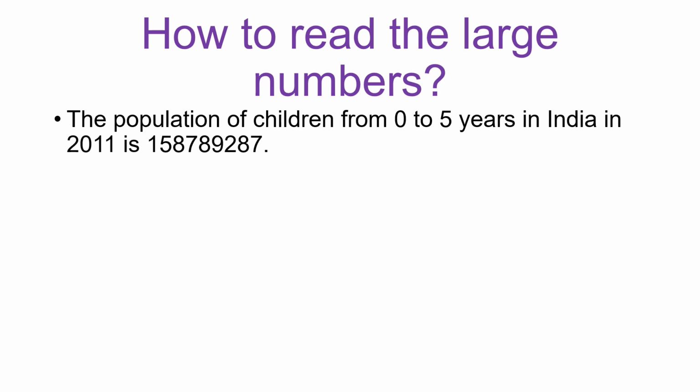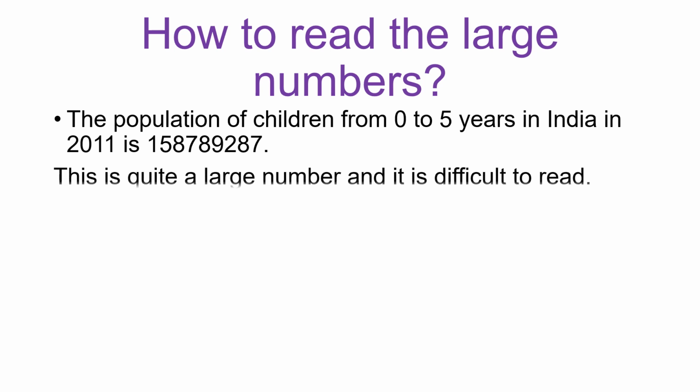The population of children from 0 to 5 years in India in 2011 is 158789287. This is quite a large number and it is difficult to read.